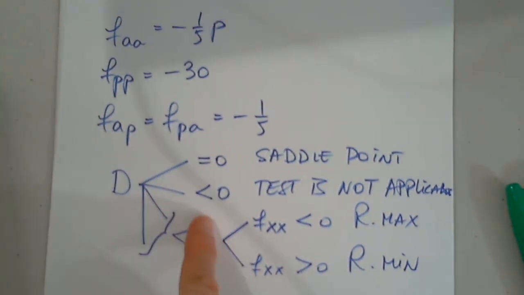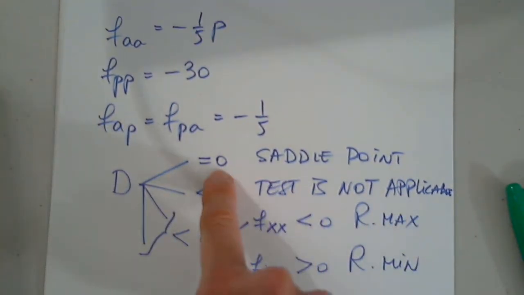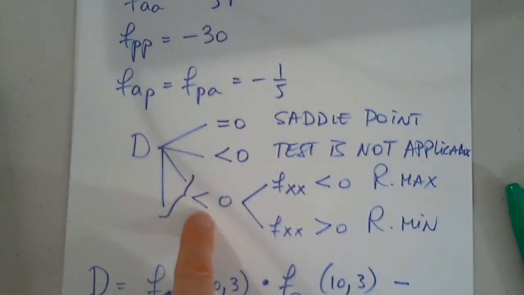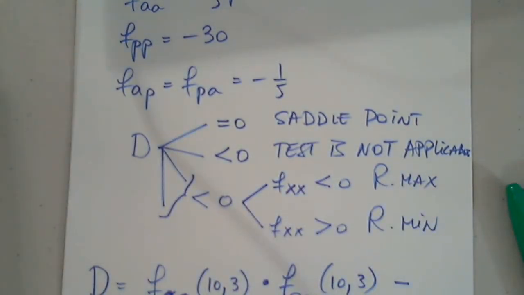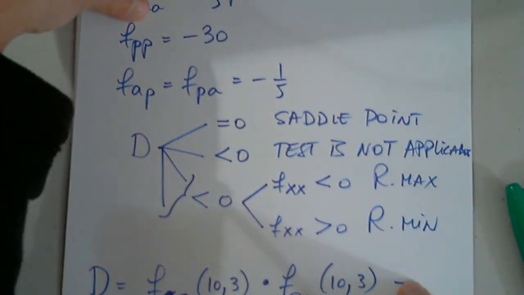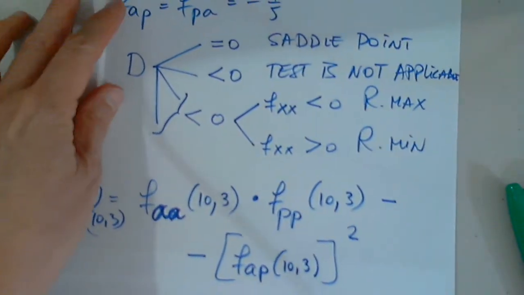If this number is less than 0, test is not applicable. If it equals 0, saddle point. If it's less than 0, there is hope for a max or a min. So let's plug in. I'm moving on to the next page.